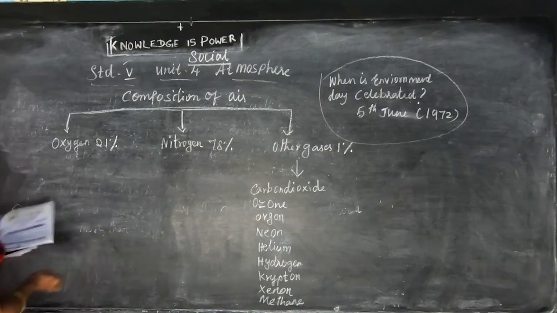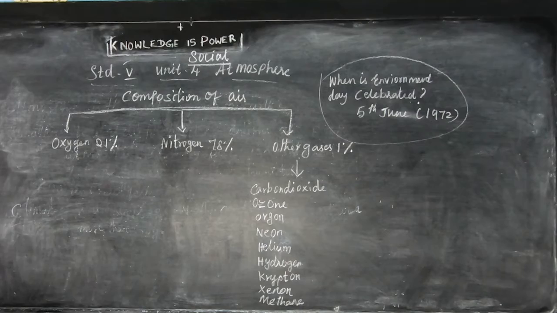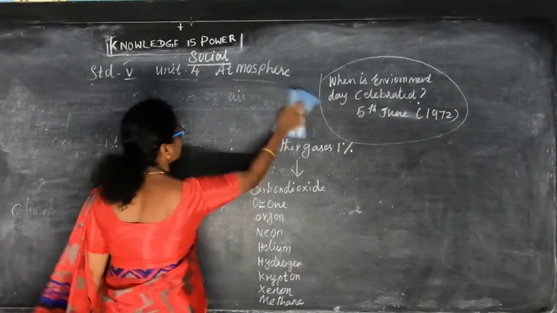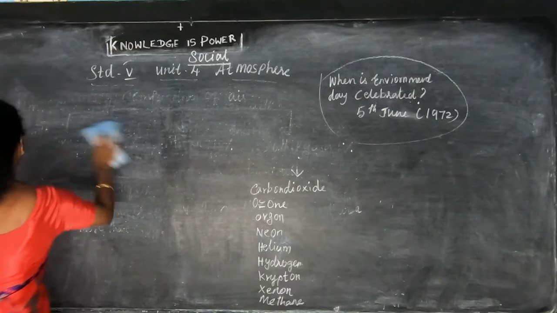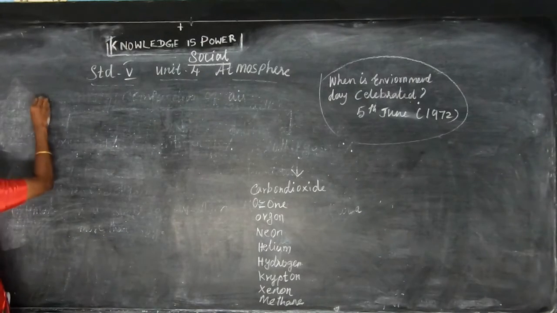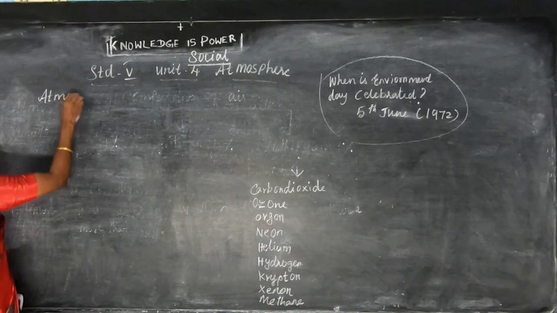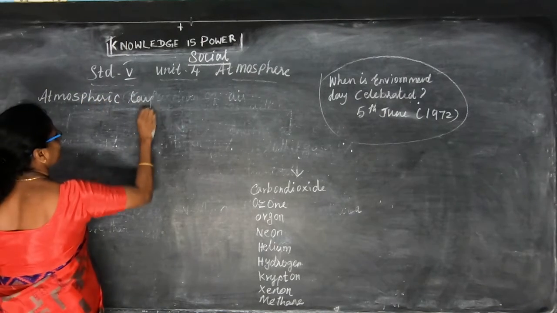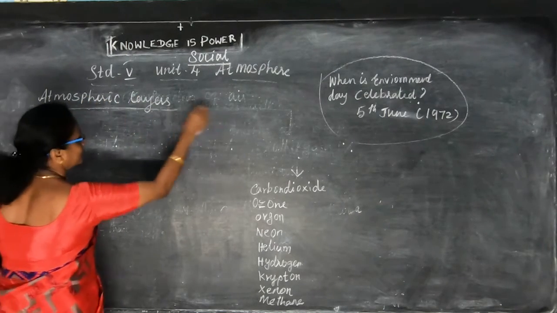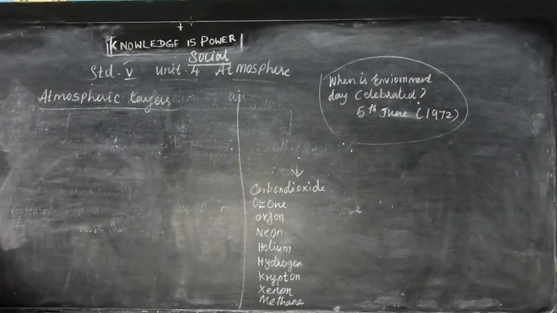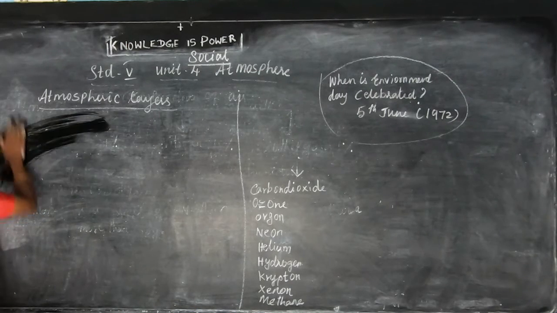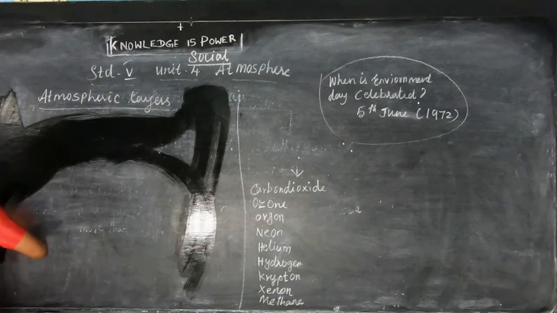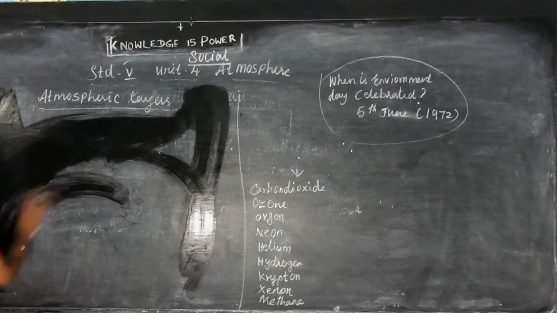Now, what are the atmospheric layers? We are going to see about the atmospheric layers. We know that the gravitational force increases near the earth and decreases as we go higher.